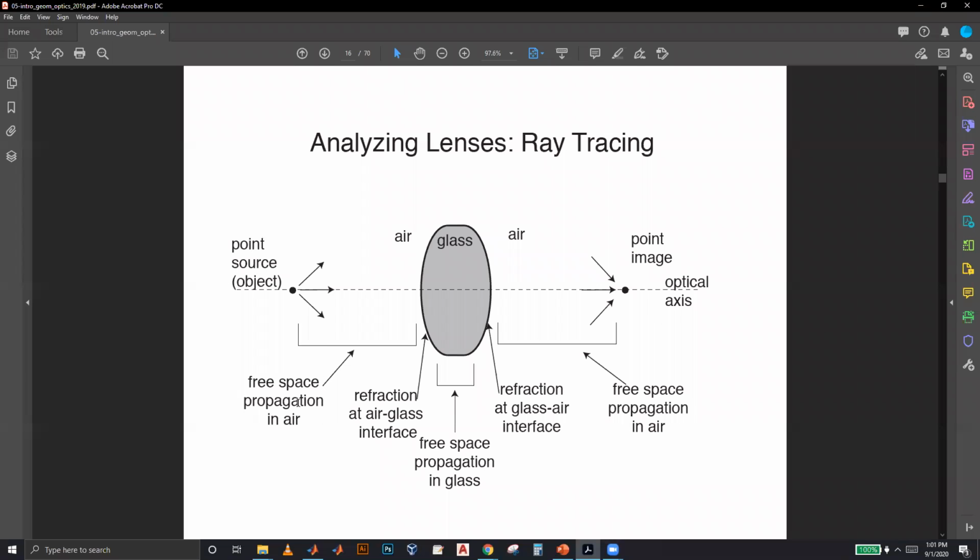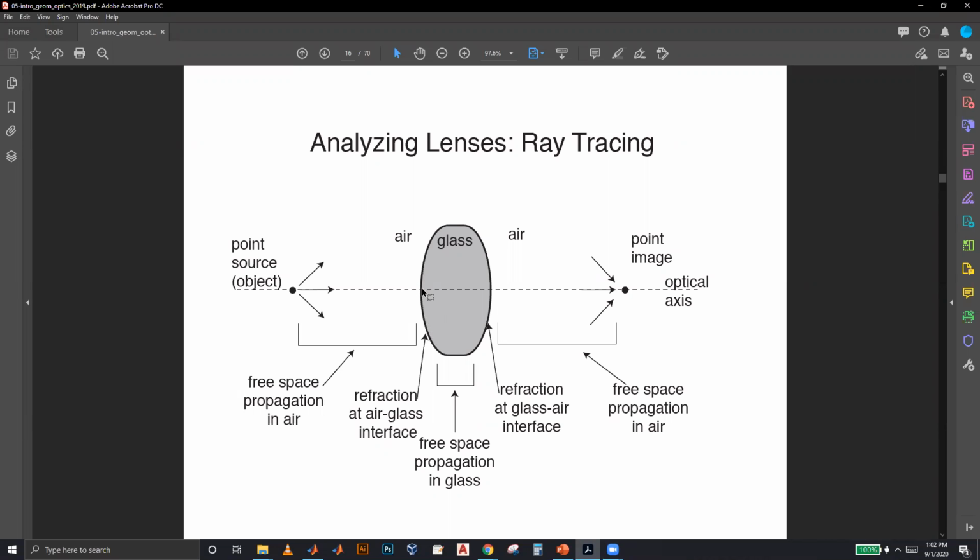So we have different phenomena going on one after the other. First, light rays go out from the object and travel the distance from the object to the first surface of the lens. This we call free space propagation in air. Self-explanatory term. Then we have refraction at the air-glass interface.